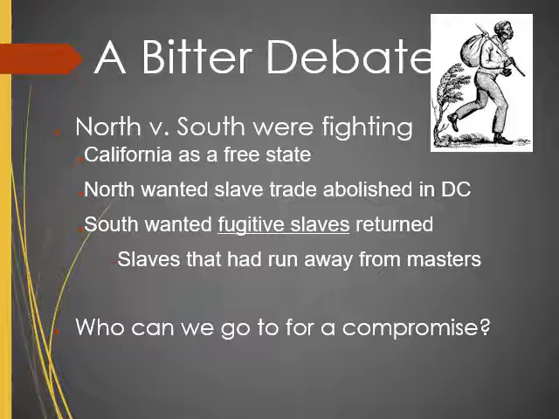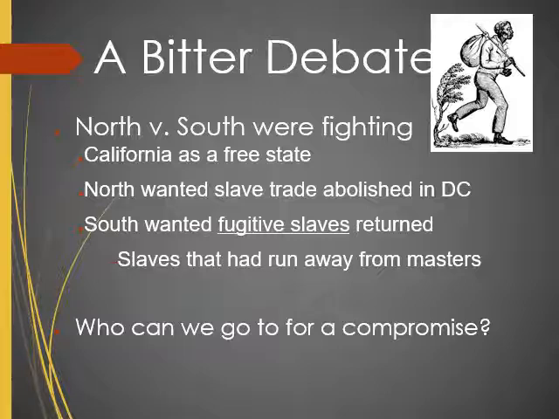The South wanted California to not be in as a free state, but they also wanted their fugitive slaves, the runaway slaves, to be returned. These slaves had run away from their master, and they wanted them to be captured and brought back because they saw them as their property. And so for months there were battles over these things, and there was no solution.